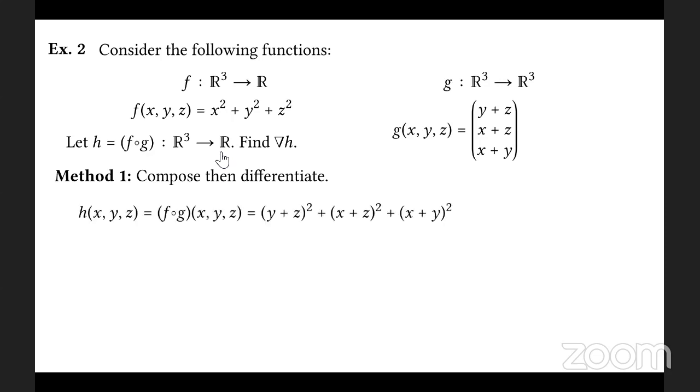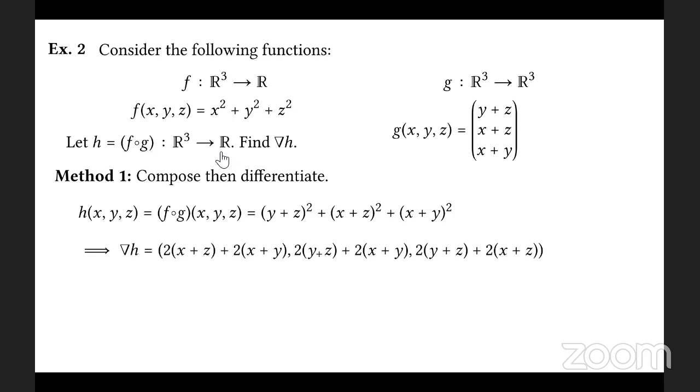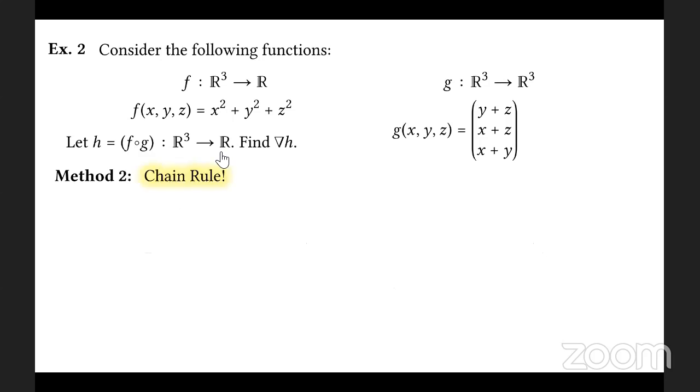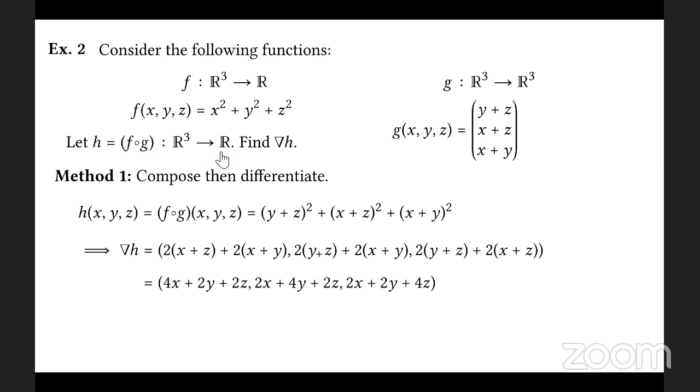So we're finding the derivative of h, the gradient, and again, we can do that two different ways. We can either compose them, so h is f compose g at x, y, z, and it's this thing. And this might get a little gross, but I'm just going to plug them in. So the gradient of h, we just take the gradient in the way that we usually do. And this is it.